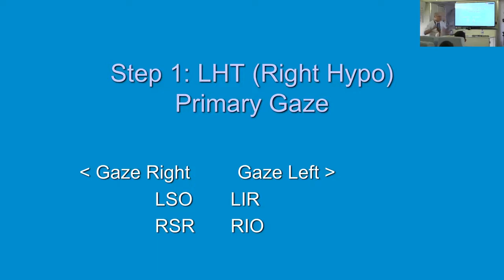So if I have a left hypertropia, my left eye is too high. Okay. So you know it's one of these four muscles.